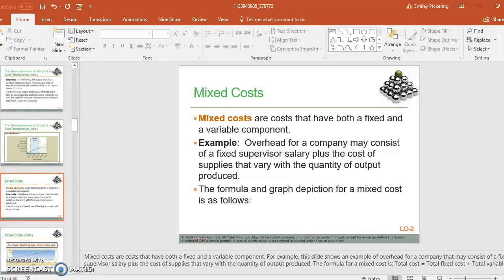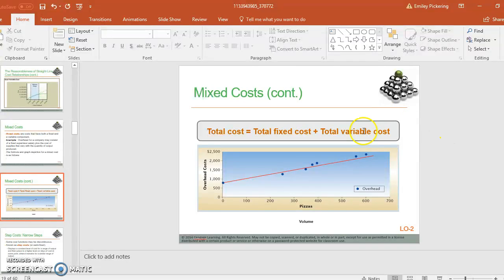You may have more heat or cooling. So as your production increases, then more than likely your electricity costs will increase as well. So that's an example of a mixed cost. We know it's a mixed cost because at production of 0, you still have some cost, but then as production goes up, your cost also goes up.